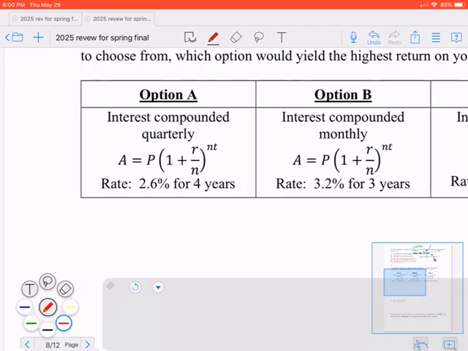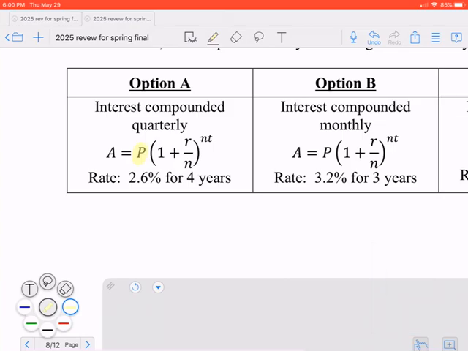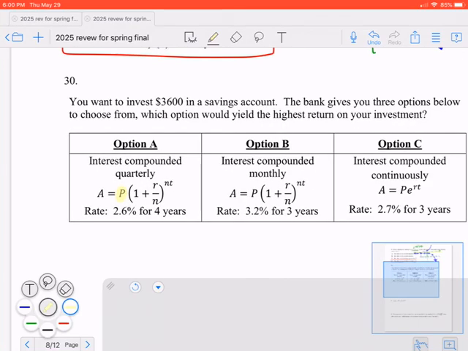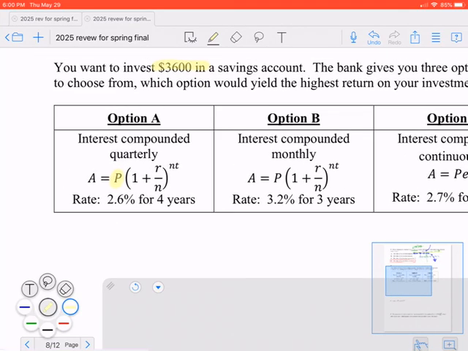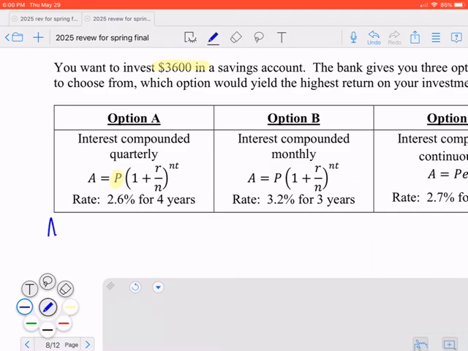So we're plugging in the principal as 3,600. For option A, A would equal 3,600 times 1 plus, the rate is 2.6%, so that's 0.026, divided by n. N is the number of times it's compounded per year. This says compounded quarterly, so n is 4.